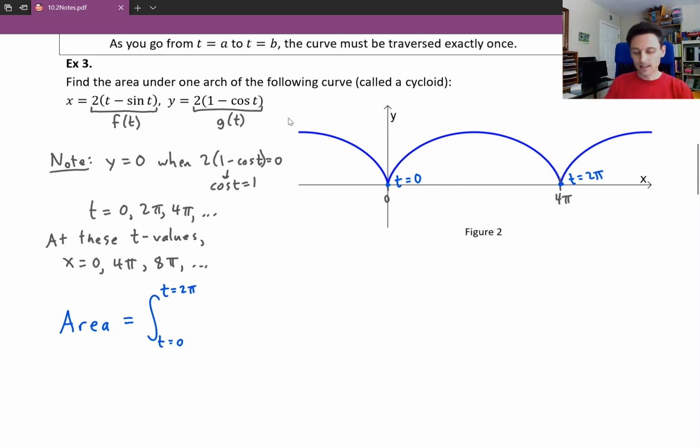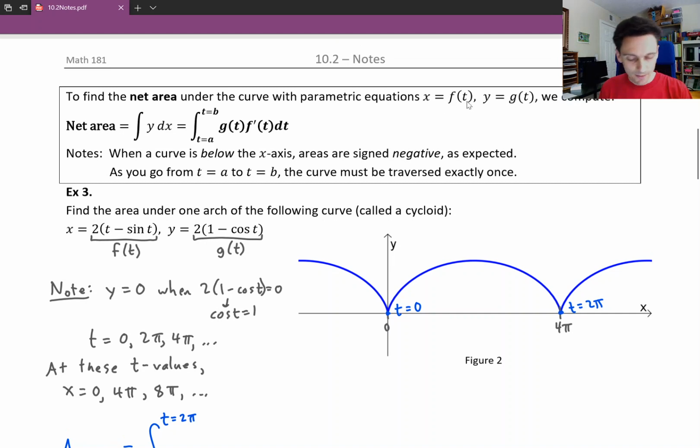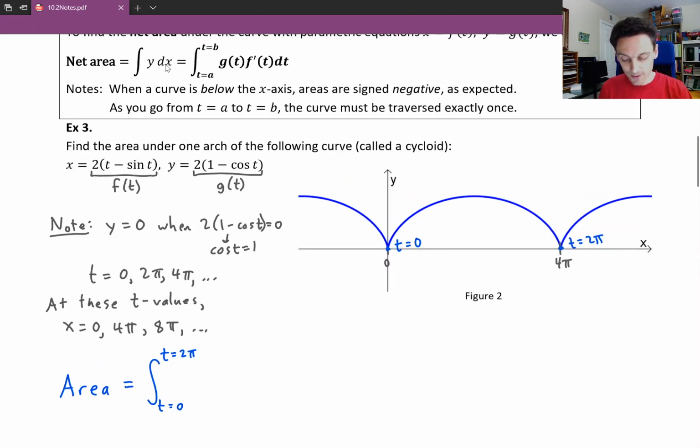So g of t is 2 times quantity 1 minus cosine t. That way we can identify the f of t and the g of t in the way that we wrote up the net area. So we're going to have y, which is g of t, times dx, which is f prime of t dt. In your mind, you can be thinking the integral of y dx if you want to.